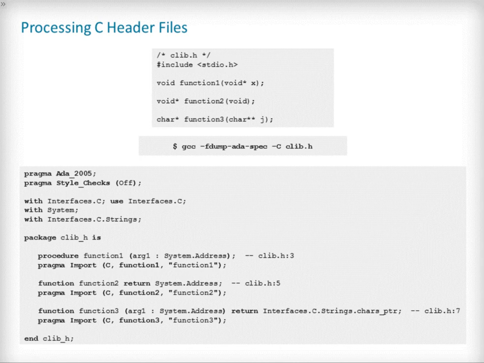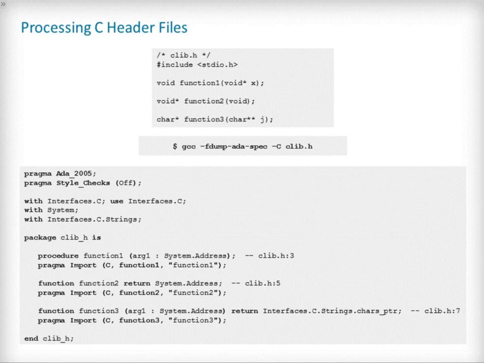The "C" flag is used to ensure comments from the C header file are copied into the generated Ada package specification. The resulting Ada package specification for the example C header file is shown at the bottom of this slide. Each function has been imported as an Ada entity, and appropriate data types have been used for return values and parameters.